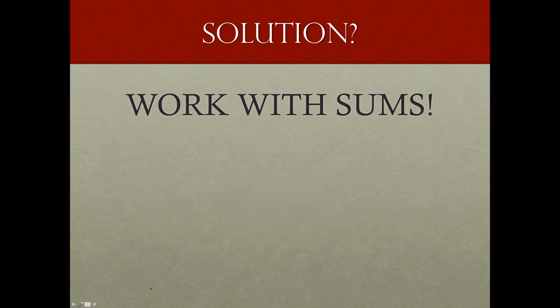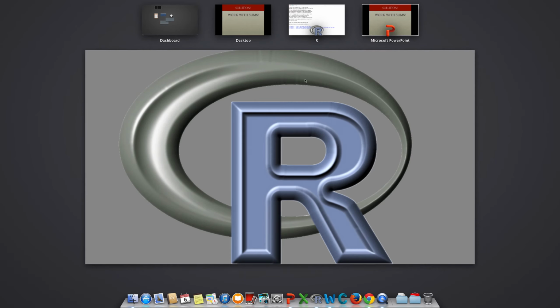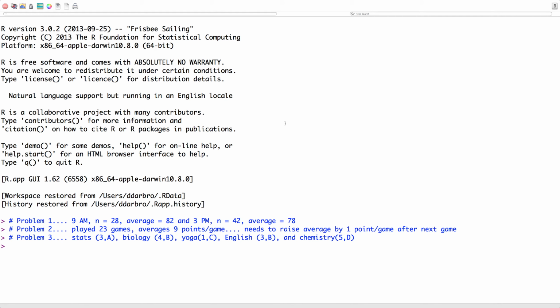Alright gang, what I want to do here, again, it would be probably easiest to work these problems with the graphing calculator because really it requires us being able to multiply, add, and divide. But what I want to do is get out of this and go into R, which I already have up.